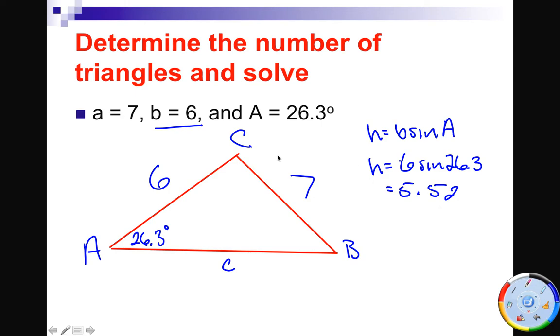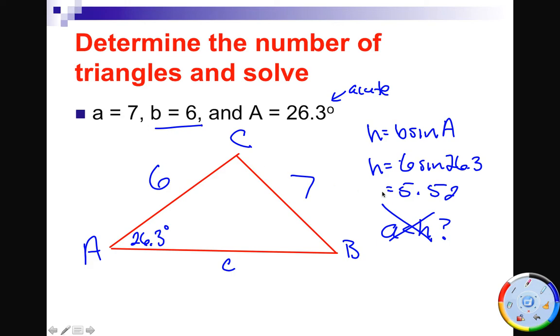Then I need to look at my table. I know A is acute, so this is an acute angle. And I look first at my first piece of the table. Is A less than H? Well, H is 5.5, A is 7, so no. That means there's at least one triangle because that was my none.